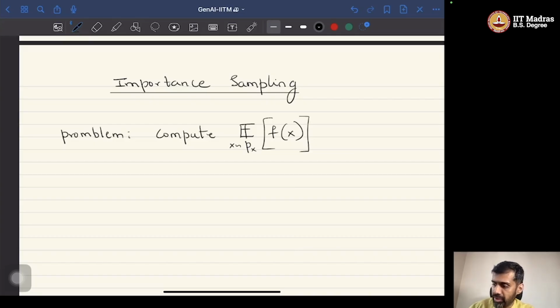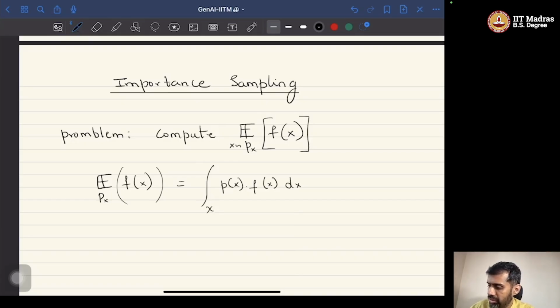If this is the problem that we are interested in, how do we represent this expectation? So the expectation of a function with respect to a distribution px is simply given by, assuming that the random variable that we have is a continuous random variable, the integral of px times f of x dx, and this is over the sample space.